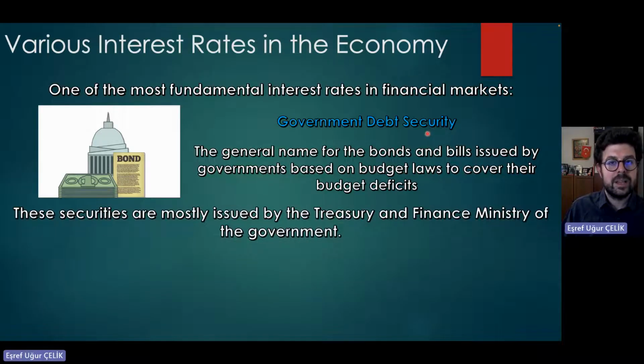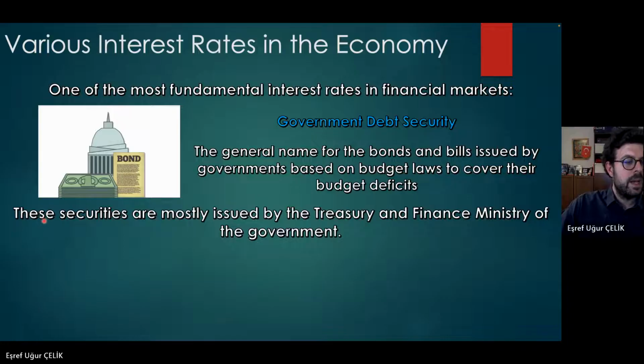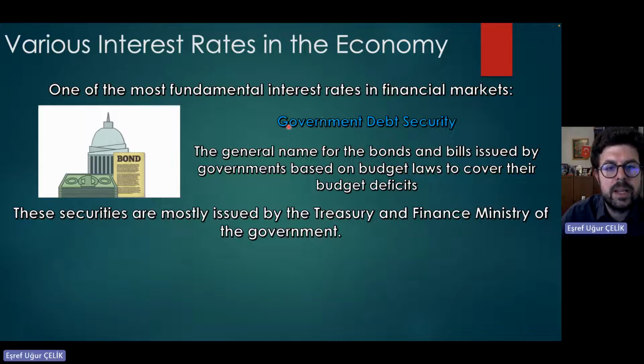And that mechanism is not only appropriate for Turkey, we can see it around the whole world in election times. These government debt securities are mostly issued by the government, I said, but more specifically, the Treasury and Finance Ministry. In Turkey, the Treasury and Finance Ministry issues that government debt security. I forgot to say it in Turkish, but I want to: Devlet iç borçlanma senetleri, DIBS.